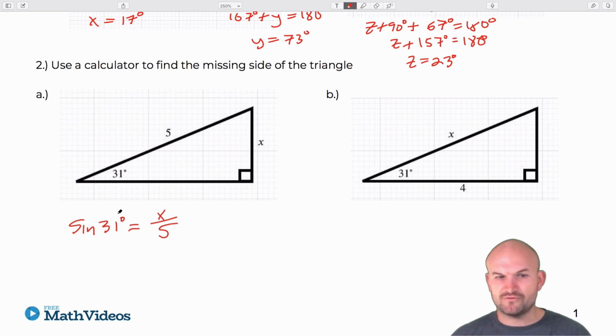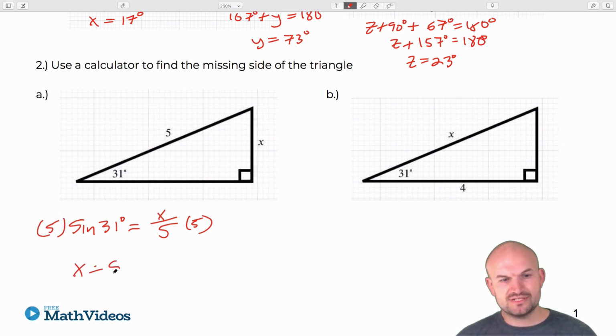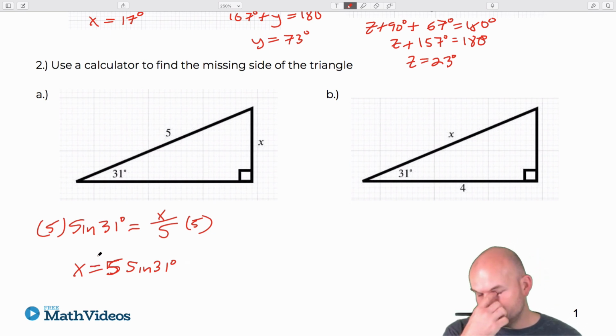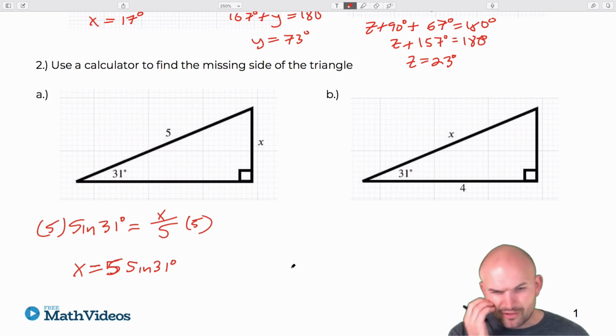So all we need to do is solve for x. To do that, we're just going to multiply by 5 on both sides. And then we get x equals 5 times the sine of 31 degrees. I'm sorry, my 5's and S's look the same. I'll probably round this to the nearest 10th.